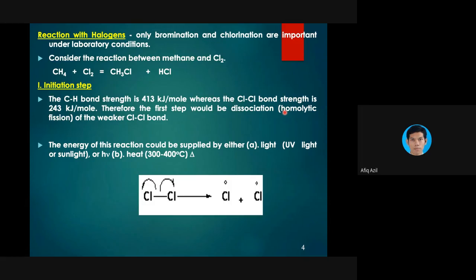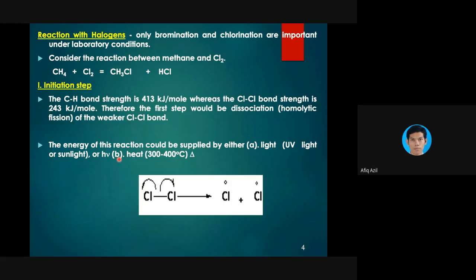And this falls under homolytic fission, because the electrons are going to be shared equally between the two chlorine atoms. The energy for this reaction could be supplied by two choices: UV light or just plain sunlight, symbolized in the reaction as UV or the symbol h nu.